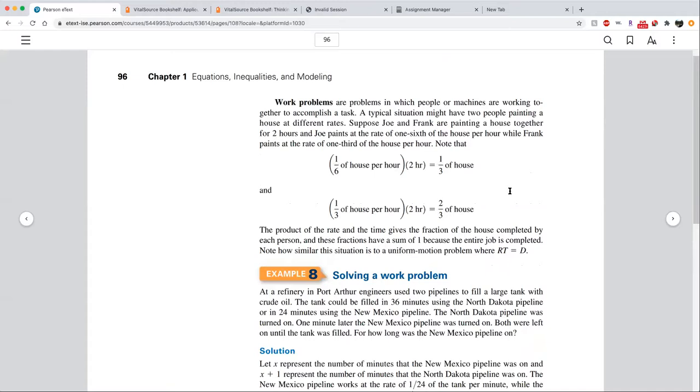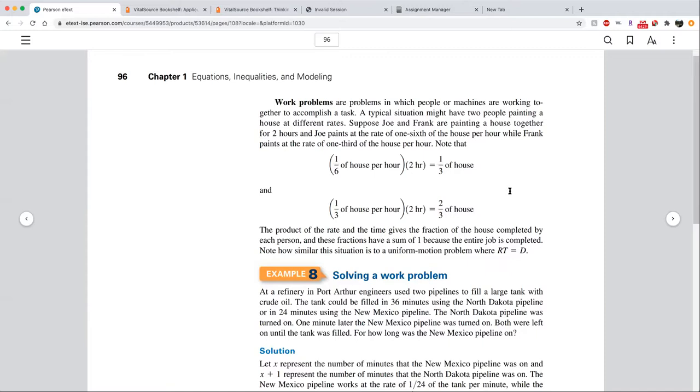Suppose Joe and Frank are painting a house together for 2 hours, and Joe paints at the rate of 1/6 of the house per hour. It means that Joe paints at the rate of 1/6 of the house per hour. That means it's going to take 6 hours to complete the work, painting an entire house, right?